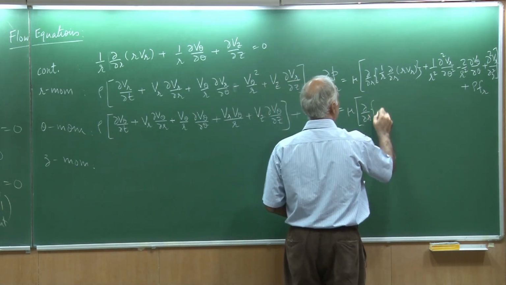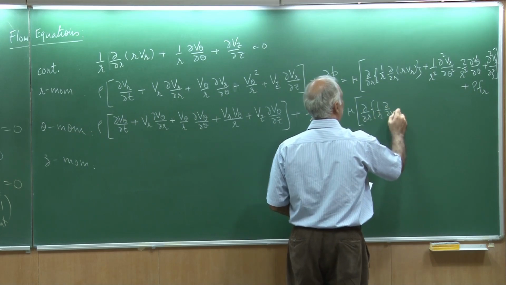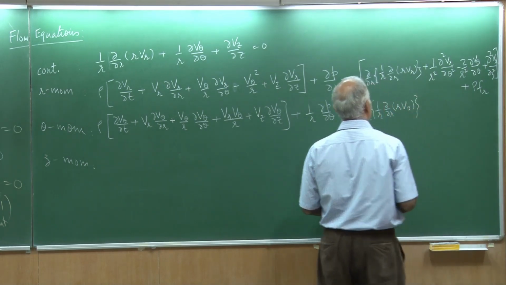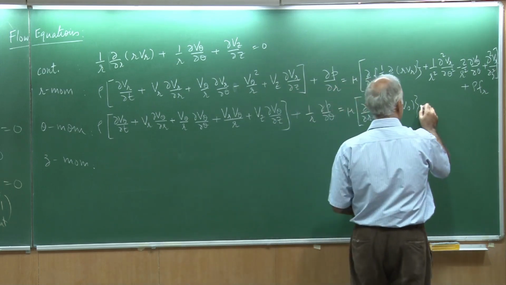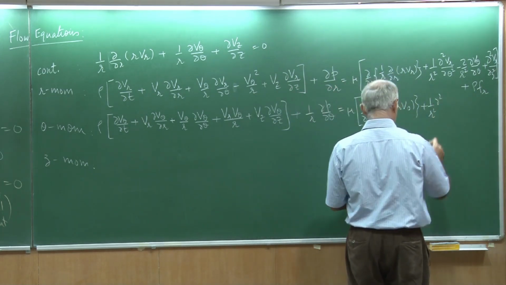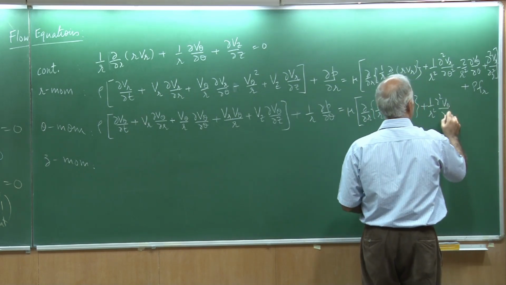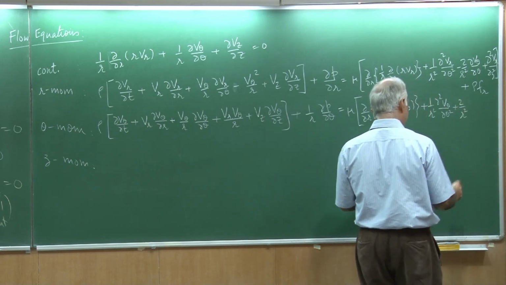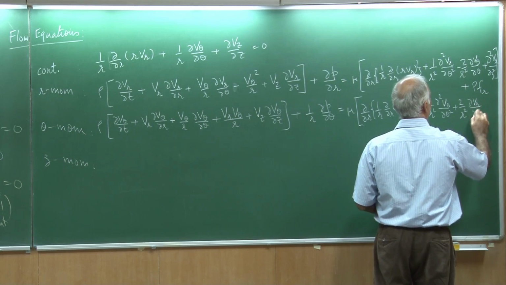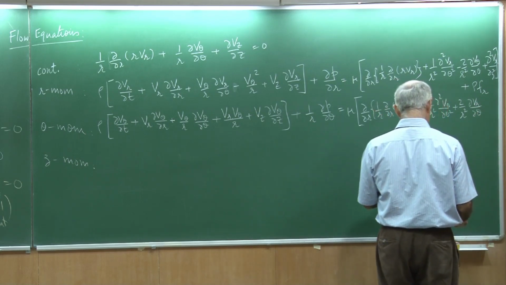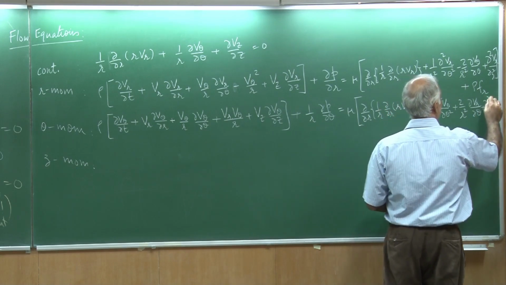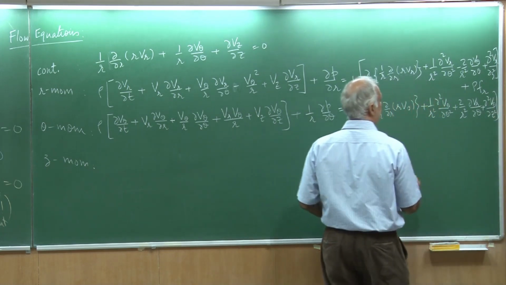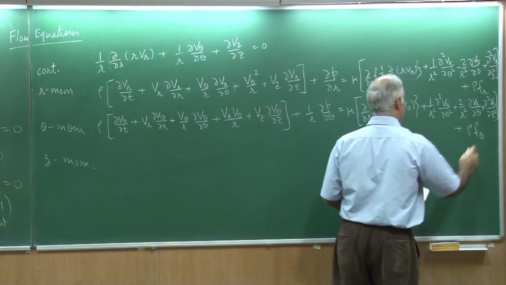So del by del r of 1 by r del by del r of r V theta. Okay. And then the remaining terms: 1 by r square del square V theta by del theta square plus 2 by r square del Vr by del theta plus del square V theta by del z square, and then plus rho f theta.